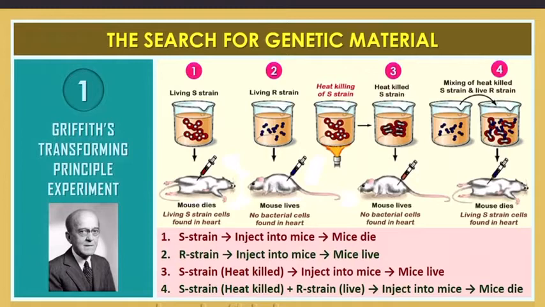So when the mice died, it is understood that R strain, which is a good fellow, has absorbed something from S strain, who is a bad fellow, and R strain, being good fellow, became bad fellow. So R strain also has become virulent because something has transferred from S strain to R strain. So the mice died.